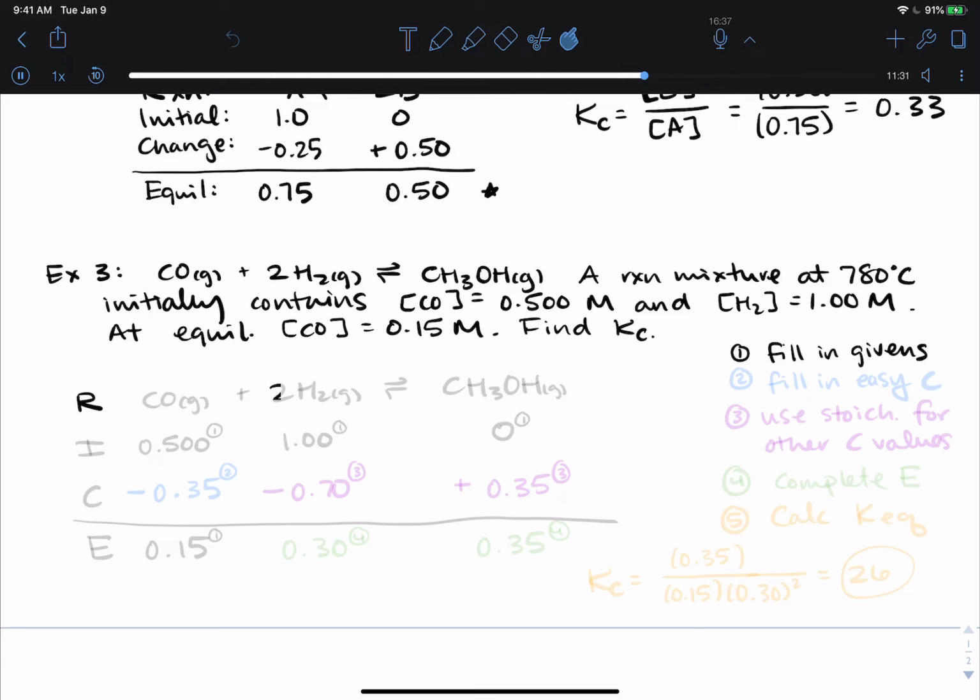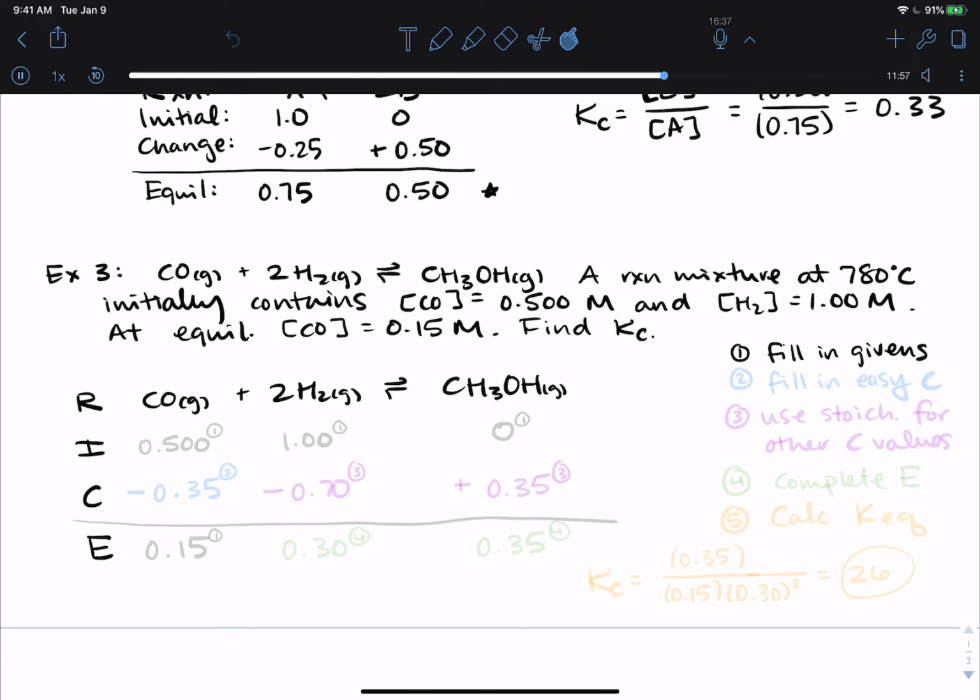So reaction, initial, change, equilibrium. And my reaction is CO plus 2H2 in equilibrium with CH3OH.